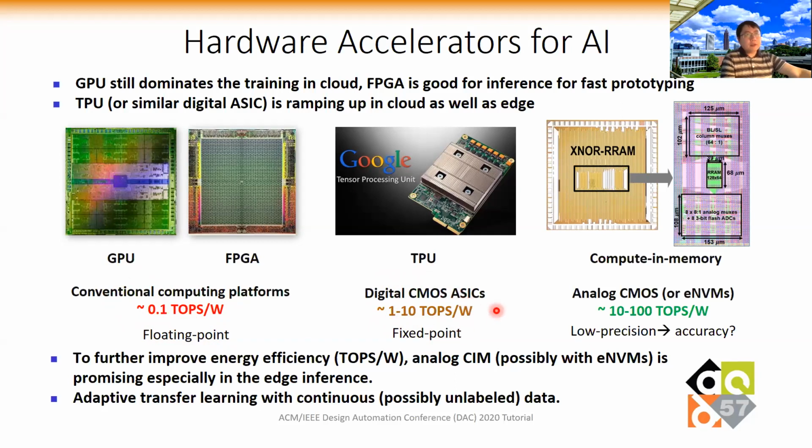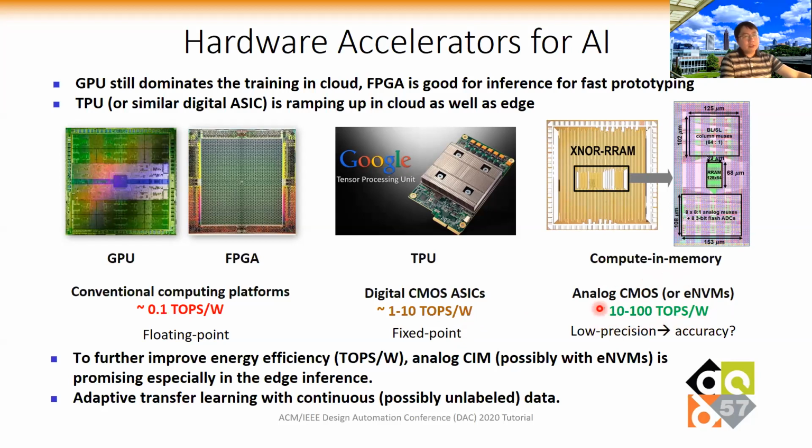If we want to further boost the energy efficiency, then we may want to move from the digital to the analog domain. Here we believe that the analog CMOS approach, especially this computing memory architecture with SRAM or emerging non-volatile memories, can further increase the energy efficiency to 10 to 100 teraops per watt.